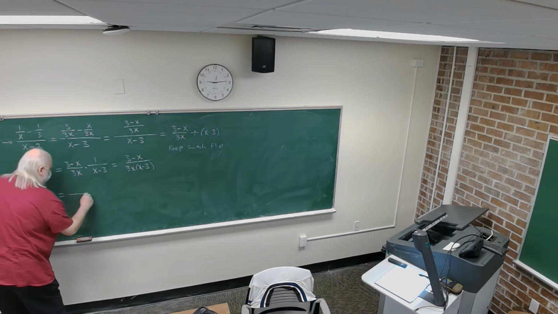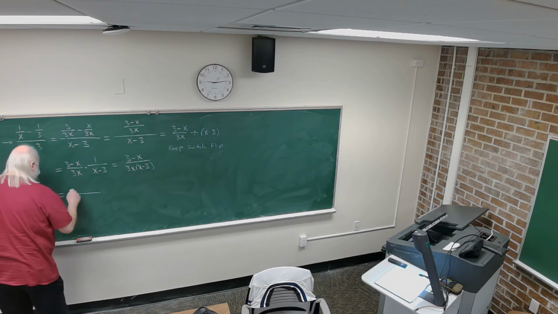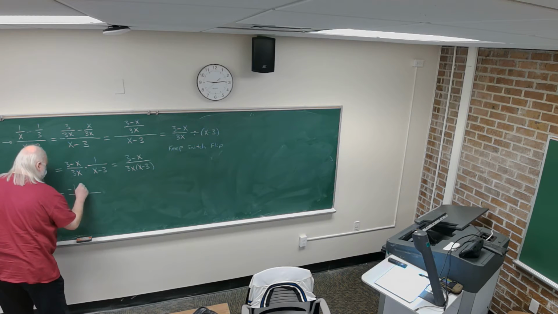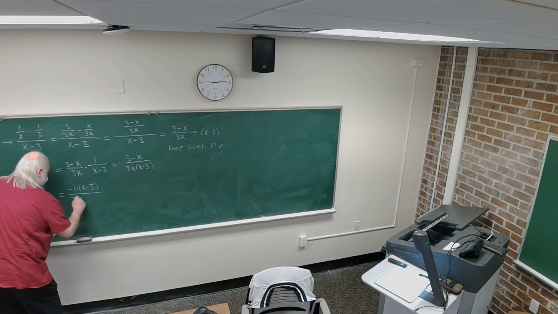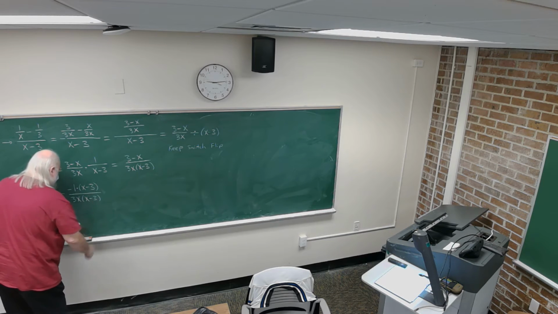So the numerator is equal to negative 1 times x minus 3, and then I have 3x times x minus 3 in the denominator.